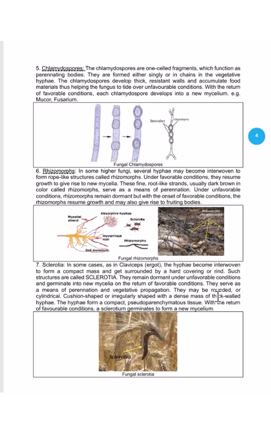Unlike rhizomorphs, the sclerotia is also a storage structure, but as you can see, its shape here is cylindrical, round, or club-shaped, sometimes irregular, but it is a compact mass.